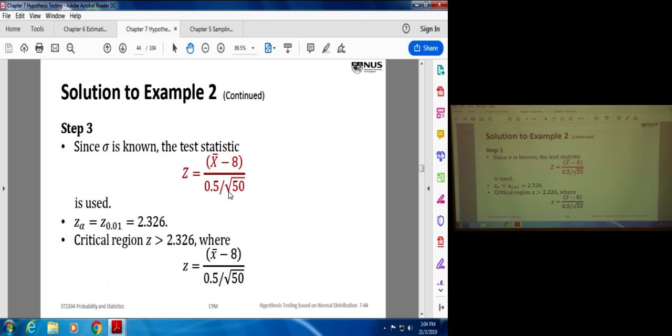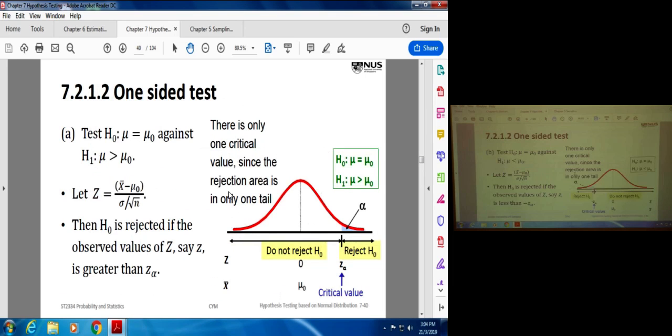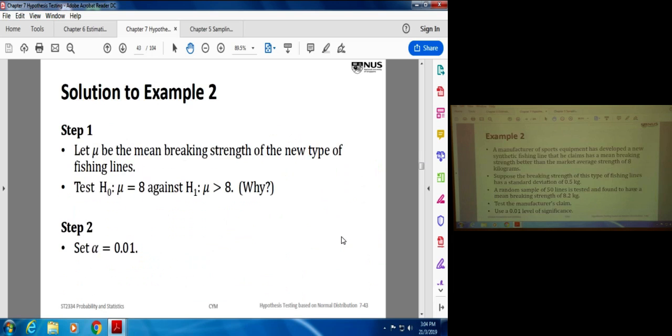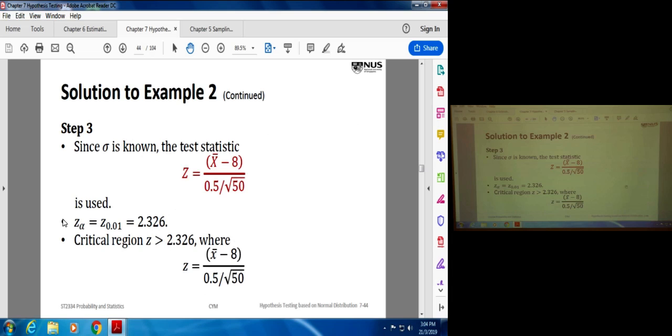And basically now our critical region, so we're again in this situation, this is going to be our critical region. So our Z of alpha, where alpha is 0.01, so basically we want Z of 0.01, which is 2.326. You can get that from the table.